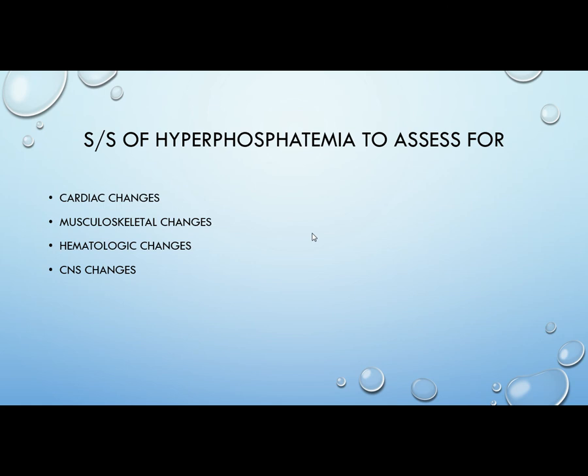With chronic hypophosphatemia, your bone density is decreased, which can lead to more fractures. In the central nervous system, there's going to be no apparent changes until the condition is very severe. Then the patient is going to present with irritability that can progress to seizure activity, and that can be followed by comas as well. Okay?